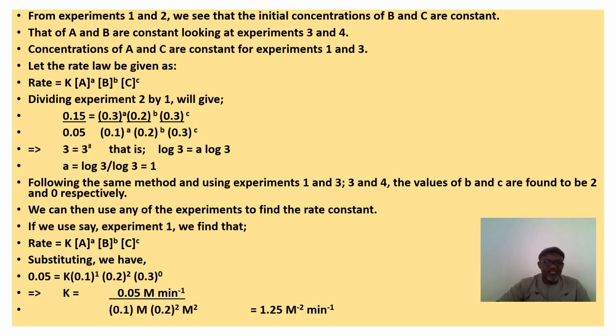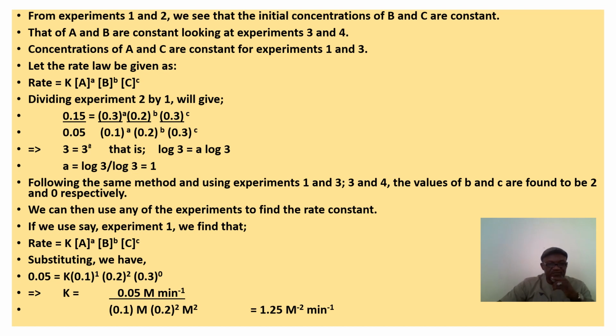Now what is remaining is k. Since we know the rate in the table, and we know their concentrations, we can use any of the experiments. Whether you use experiment 1, 2, 3, or 4 to solve, you will get the same value. So we're using experiment 1 here. The initial rate is 0.05.